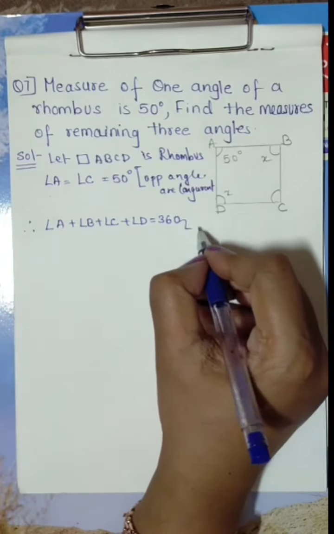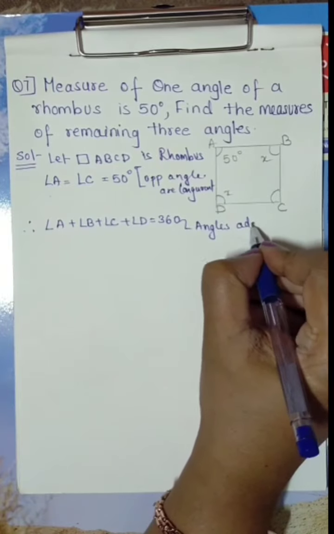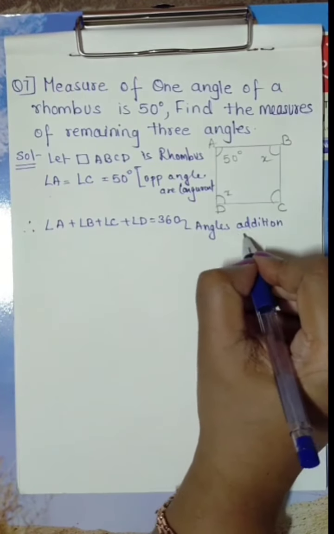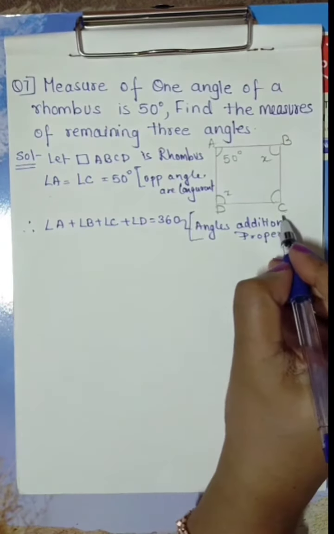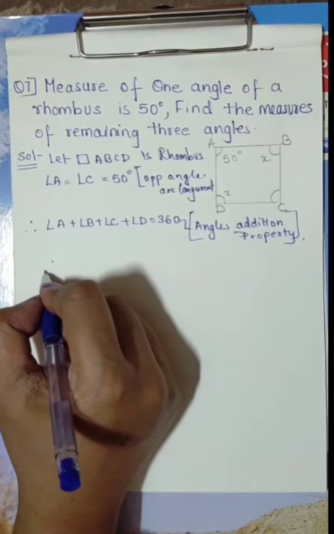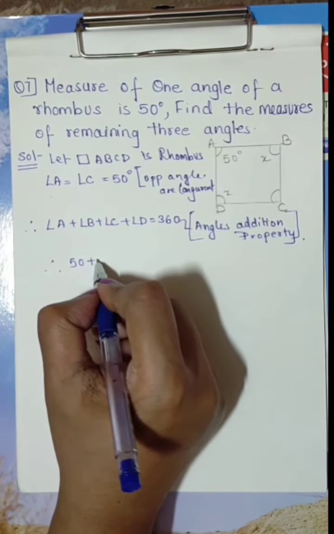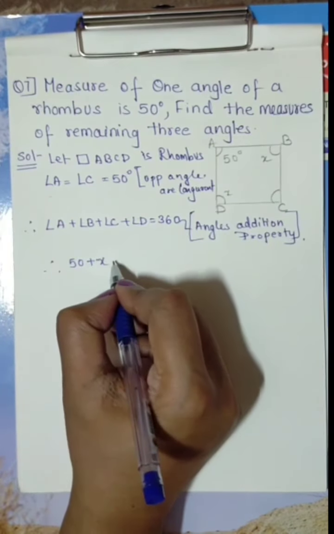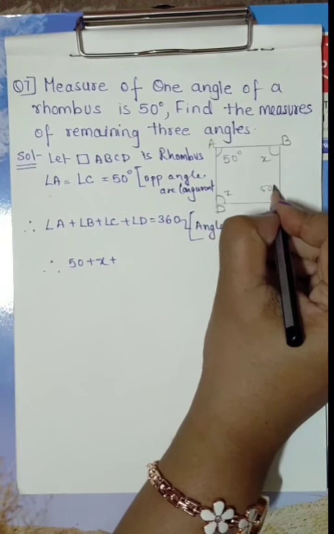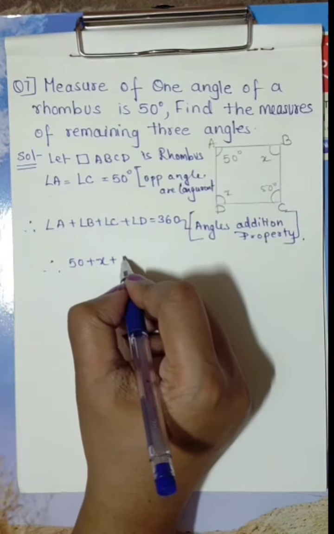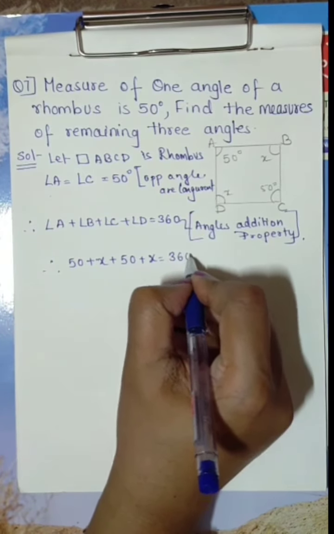Because of the angle sum property. Next, therefore A is 50, plus B is x, plus C is 50, plus D is x, equal to 360.